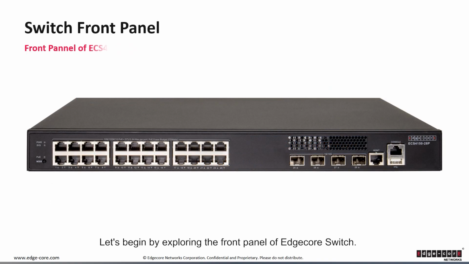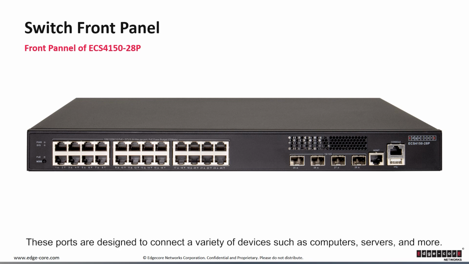Let's begin by exploring the front panel of Edgecore switch. We use Edgecore ECS4150-28P as an example. The front panel is the most visible part of the switch, typically featuring an array of ports and indicator lights. These ports are designed to connect a variety of devices such as computers, servers, and more.